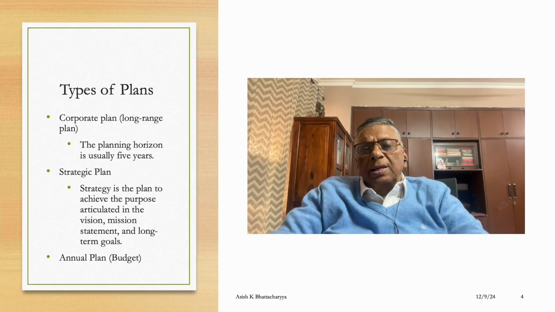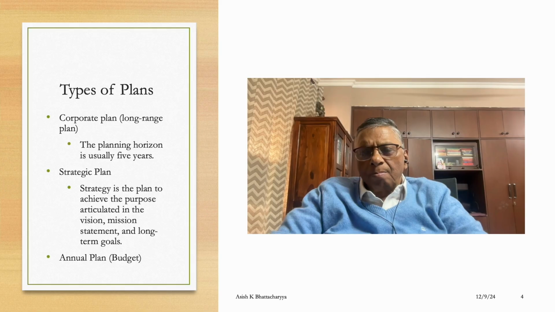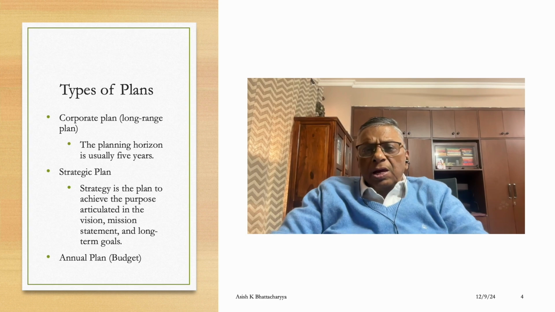That means you take the steps that are necessary to reach the goal you set in a 5-year plan. Of course, even within the budget, you may have to change the budget. Even the 5-year plan may have to be changed, but without a plan, you cannot really give direction to the company.